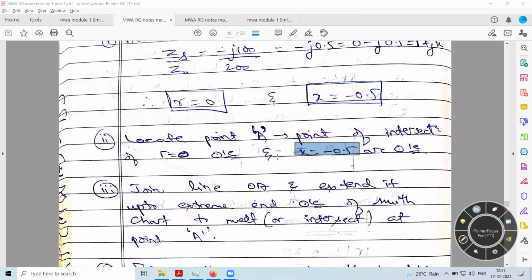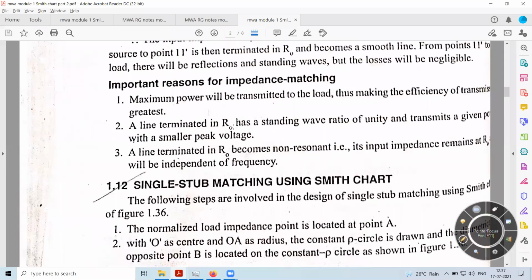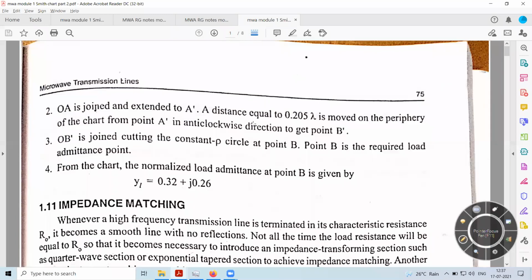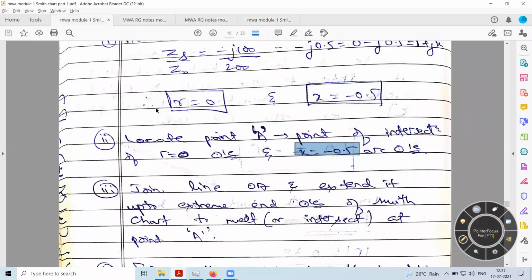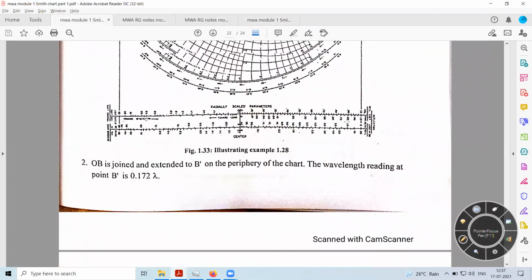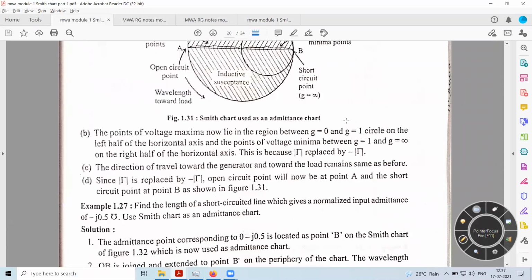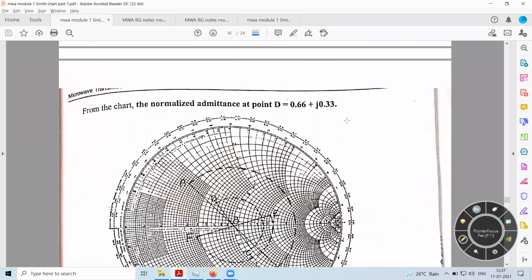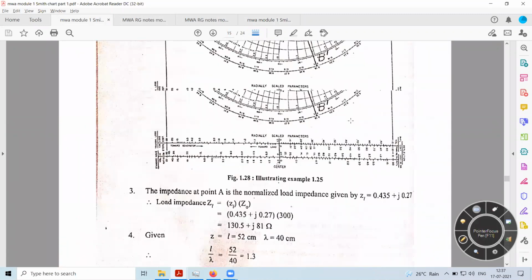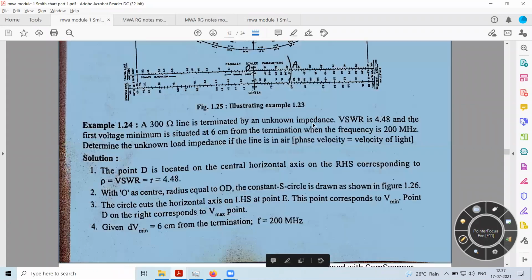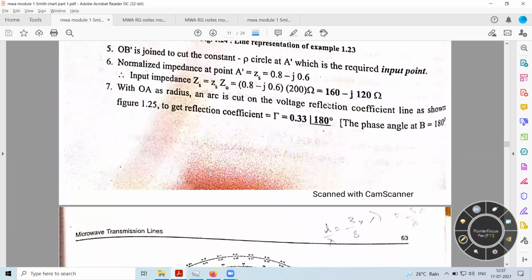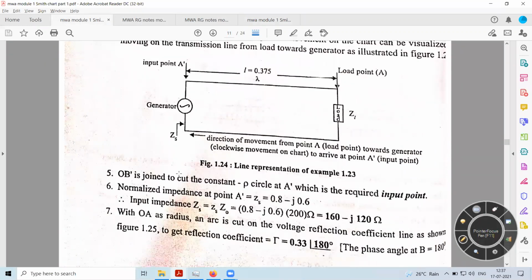I now know where the load is, that is, where the input impedance is.